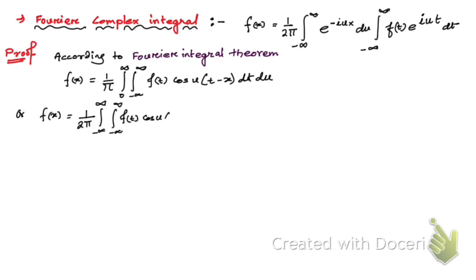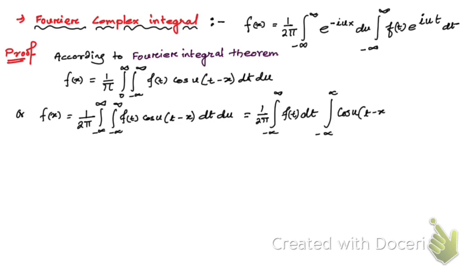First let me write the function of t dt, then again minus infinity to plus infinity cos u(t minus x) du. This is equation number 1.